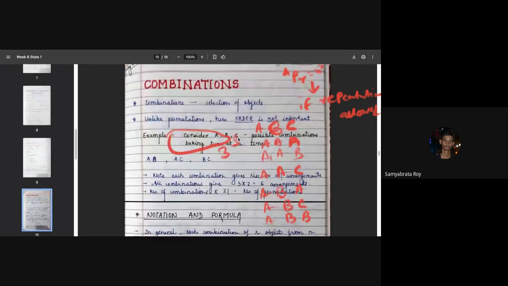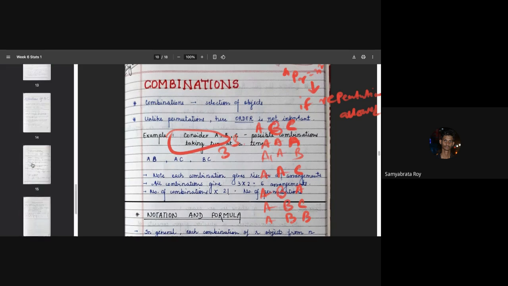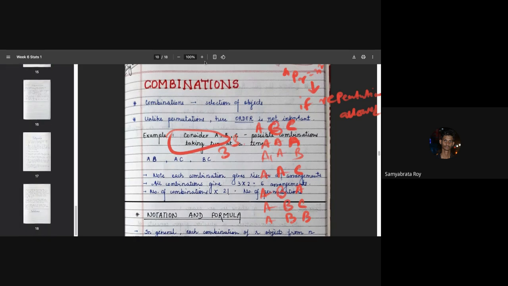We have a combination thing. So, what is different in combination from permutation? Can anyone put some light on combination? In combination, it's similar to permutation, just in this scenario, the ordering doesn't matter.